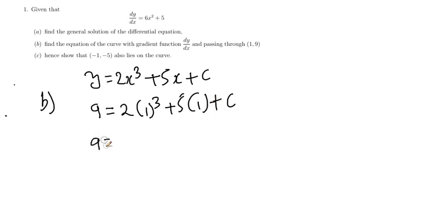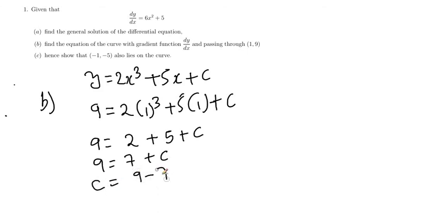So 9 is equal to 2, because 1 power 3 is 1, plus 5 times 1 is 5, plus c. So 9 is equal to 7 plus c. C is equal to 9 minus 7. C is equal to 2.